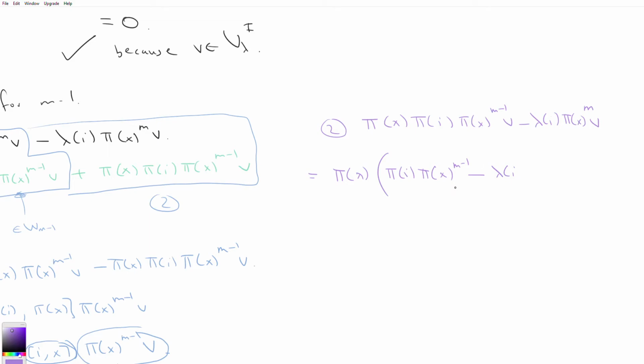So actually, I'll write it this way. Let's take a step back. It becomes π(I) minus λ(I) times π(x)^{m-1} v. Okay? And so what we notice right off the bat, this guy is an element of W_{m-1}.